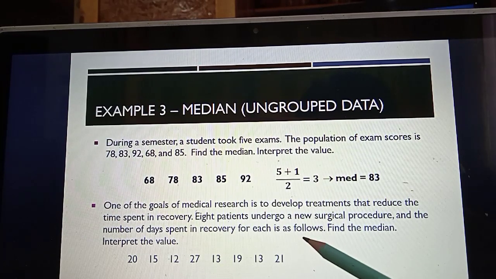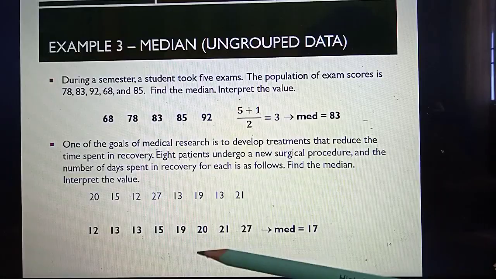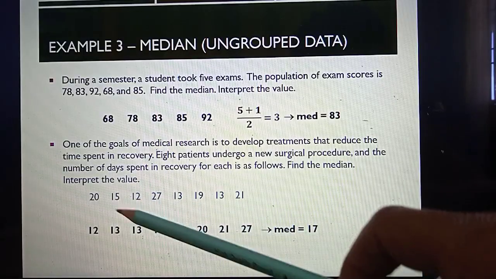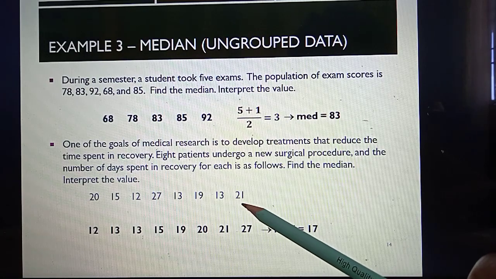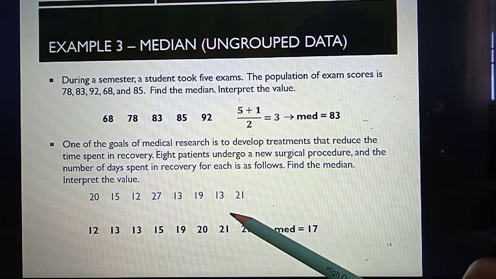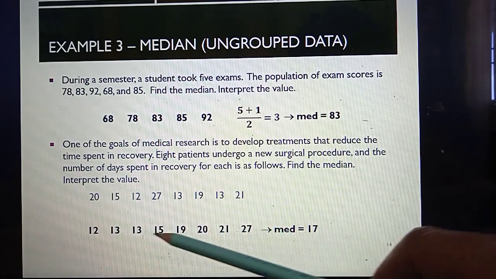Now 8 patients undergo a new surgical procedure and the number of days spent in recovery for each is as follows. Again, the number of observations, the size, is 8. So 8 plus 1 divided by 2 is 4.5. Now we arrange in ascending order. So we have data like this.